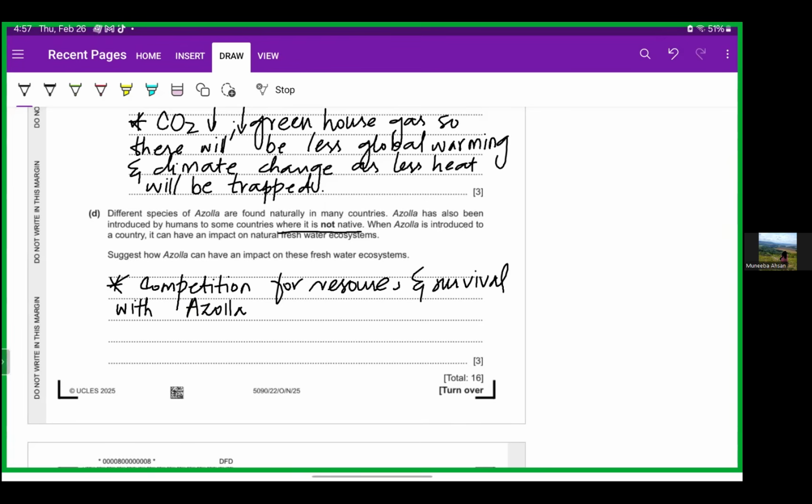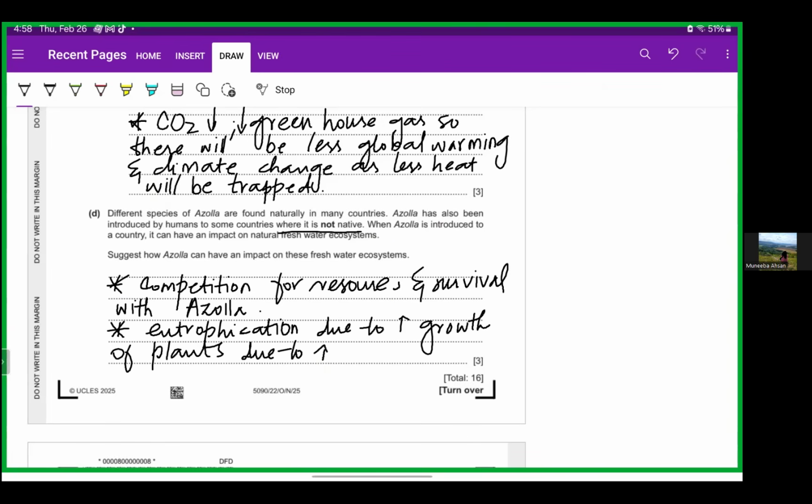Okay. Next thing you can mention about eutrophication. Increased growth of plants. And why is there increased growth of plants? Because of, due to increased nitrates.